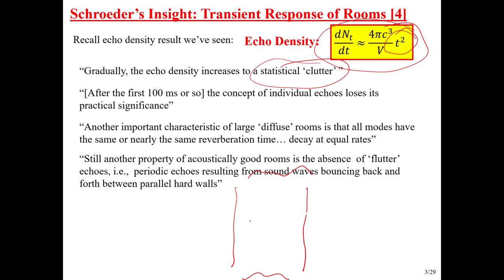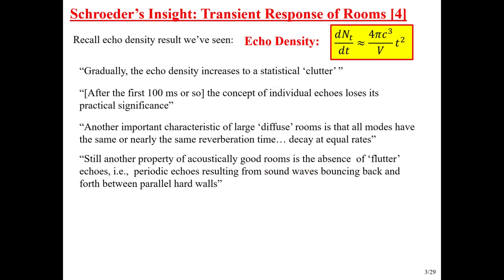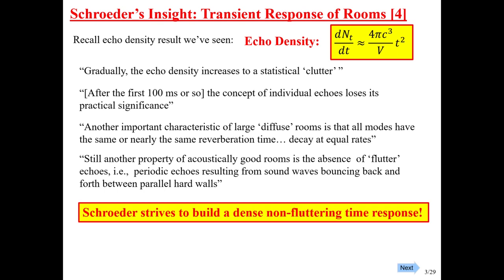The sound just bounces back and forth between those walls, and that creates a periodic sequence of echoes. Those periodic echoes just sound really bad. It has a fluttering sound to it. That's not desired. That's not what we would have in a good concert hall.